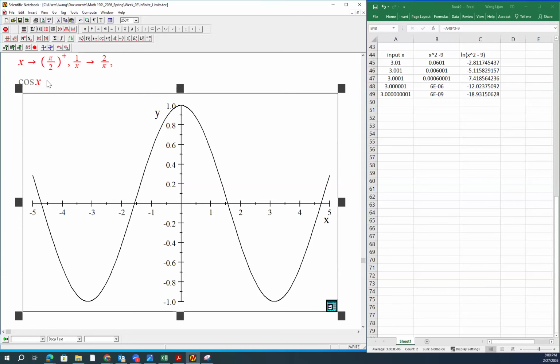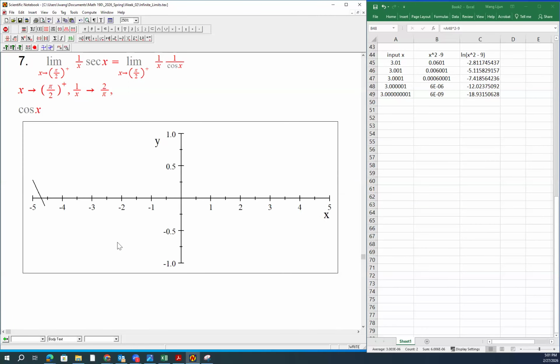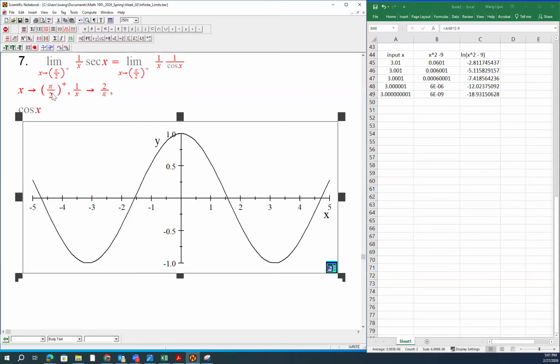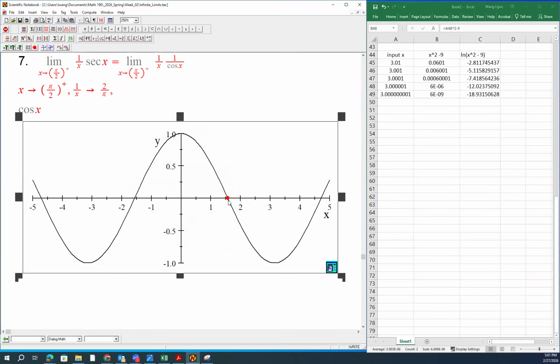On the cosine curve, we need to identify the point which is pi over 2. So I'm going to plot that point for you, pi over 2, comma 0, and graph it on the picture. So right here, this point is pi over 2.